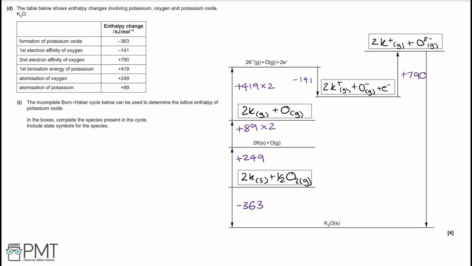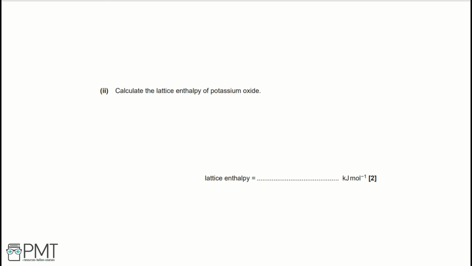We've converted the oxygen with a negative charge to the oxygen with a negative 2 charge. So here we've labelled all the different parts except this big arrow along the right hand side. This is what's known as the lattice enthalpy. So we can label this as delta H because we're going to be asked to calculate it in the next bit of the question.